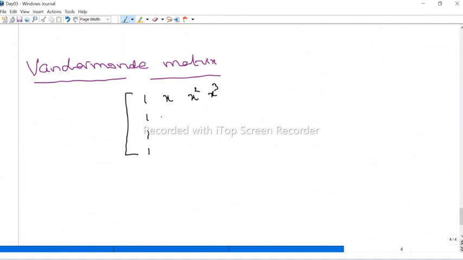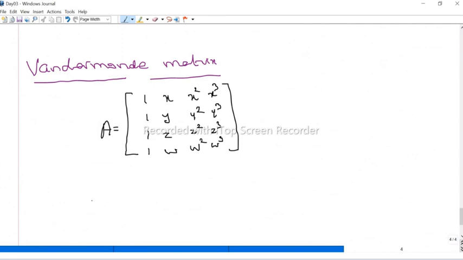If you take any other variable y, this should be y square and y cube. If you take z, then z square, z cube. And suppose you take w, then w square and w cube. So this is a Vandermonde matrix. Usually we call it A.